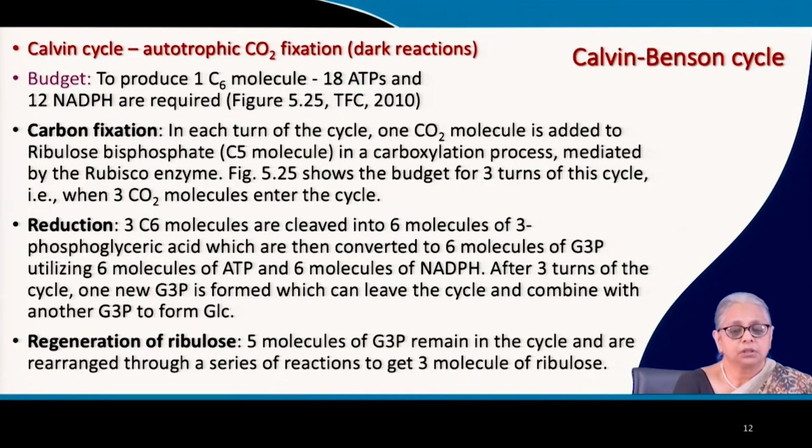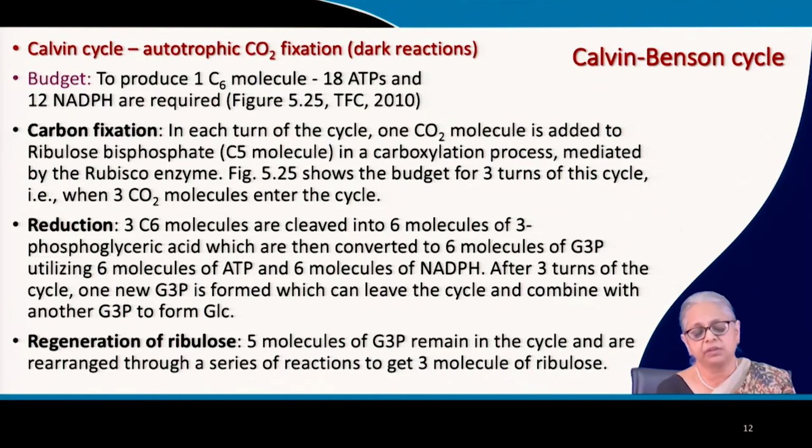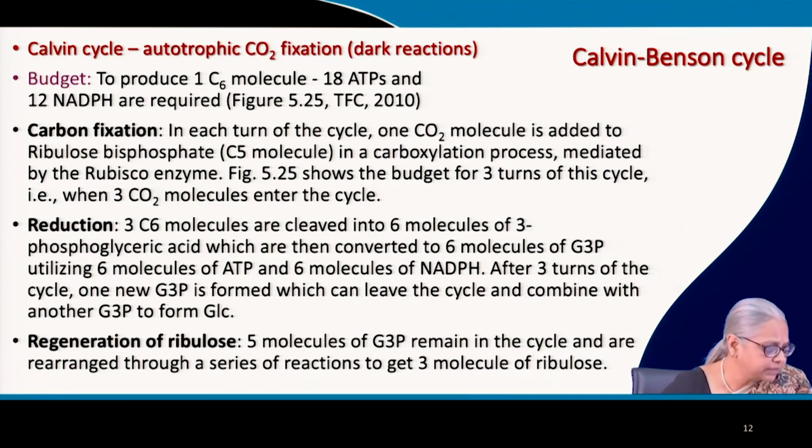So I would refer you to figure 5.25 in the recommended textbook for this course, Tortora, Funke and Case. Figure 5.25 shows you a very simple schematic which gives you some information about how CO2 is taken into the Calvin-Benson cycle and then utilized to form glyceraldehyde 3-phosphate molecules, and two of these G3P molecules are then combined to form glucose.